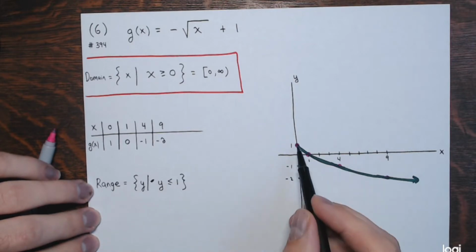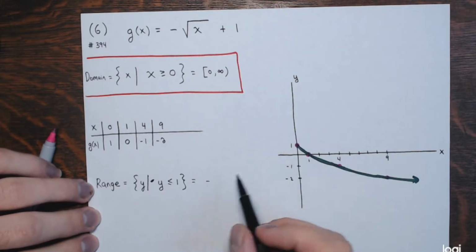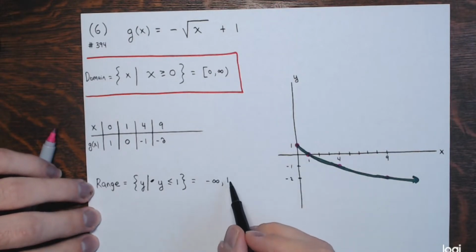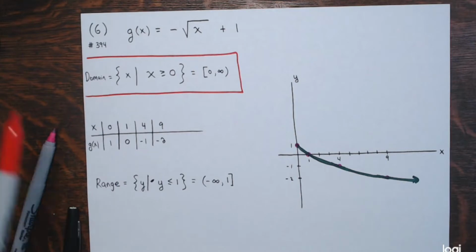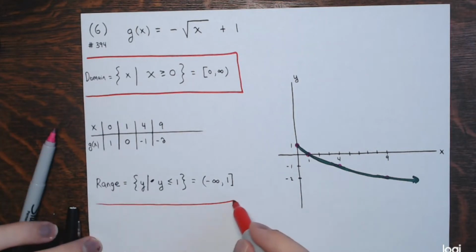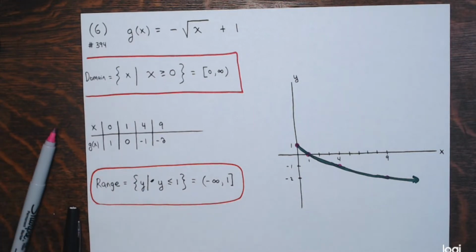Right, 1 or less for the y coordinates. And in interval notation, always go low to high, that'd be from negative infinity up to 1. So negative infinity comma 1 here with a bracket on the 1, right? 1 is a y coordinate at that point (0, 1). So there's the range, right? y is less than or equal to 1, or from negative infinity to positive 1 on the y-axis.